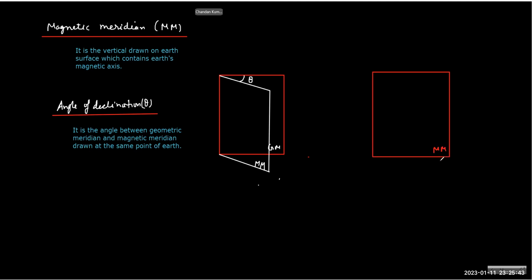And if you are in the northern hemisphere, how will the bar magnet incline? The tip of the bar magnet will be down or up? Down.